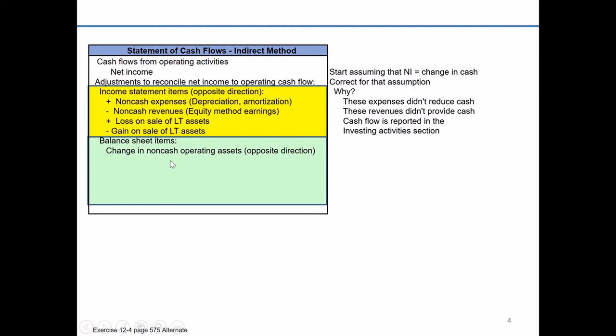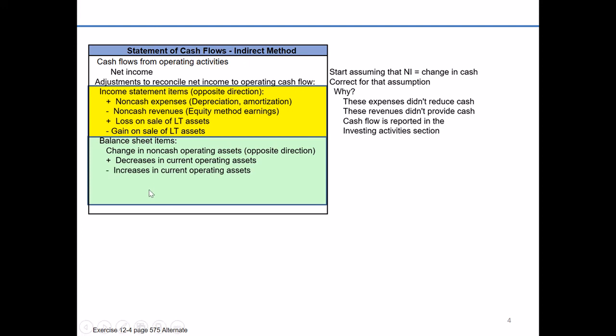We need to make adjustments for them in the opposite direction. For example, if we decrease a current asset, then that's something we need to add back to our net income in order to arrive at cash flow from operating activities.